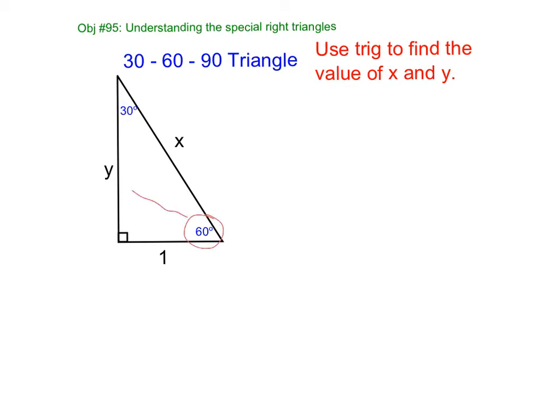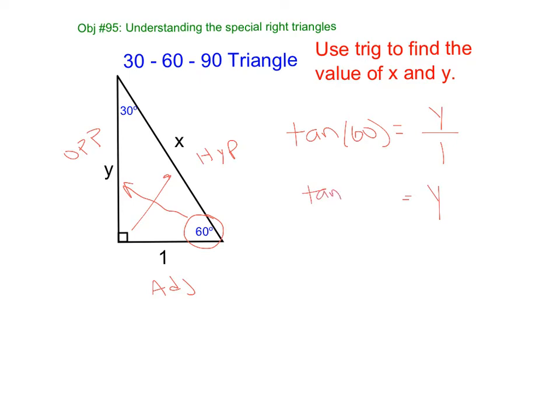So 60, that means this is my opposite, this is my hypotenuse, and this is my adjacent. If I'm solving for y, I'm going to use opposite and adjacent. So that's tan. Tan of 60 equals y over 1, which is nice because y divided by 1 is just y.